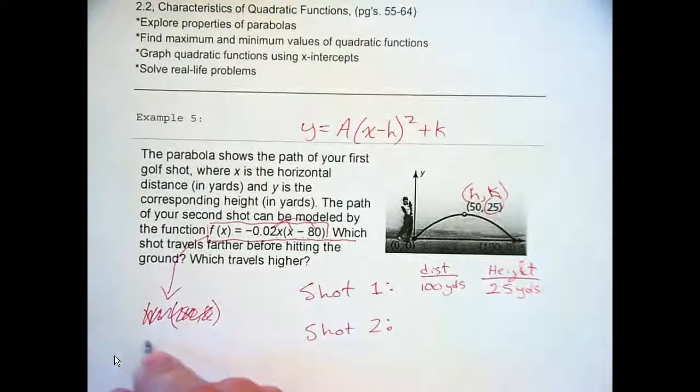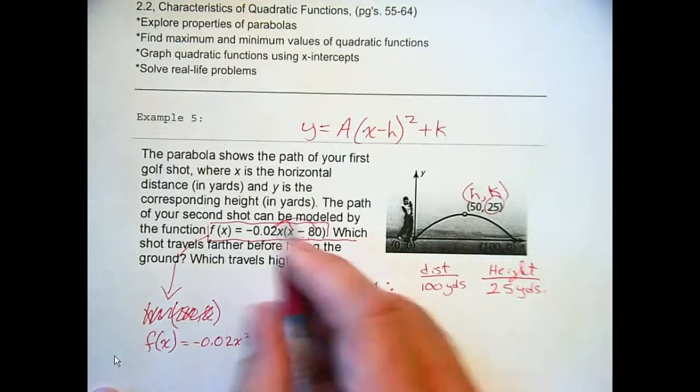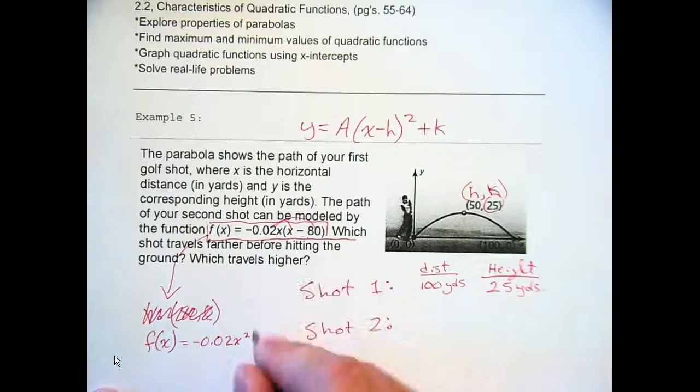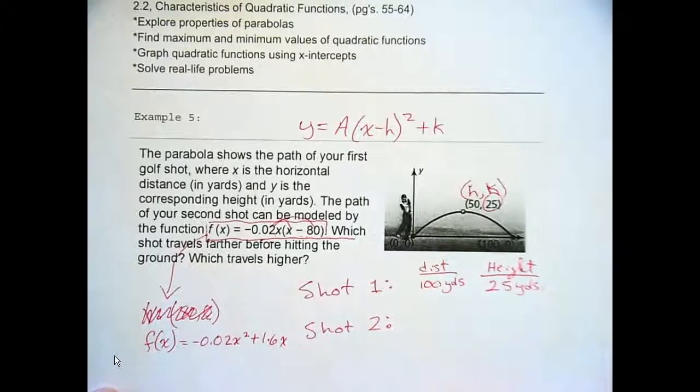So when we do that, we get f of x for our second shot is equal to negative 0.02x squared, and then plus what? 1.6, exactly? Okay. 1.6x.